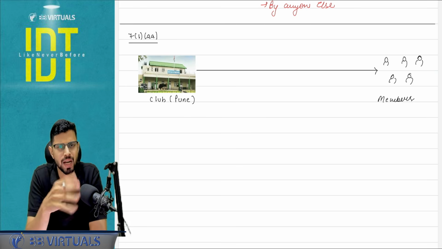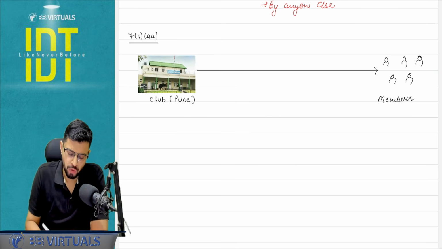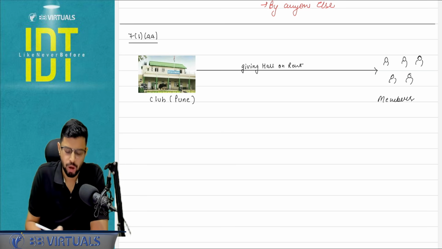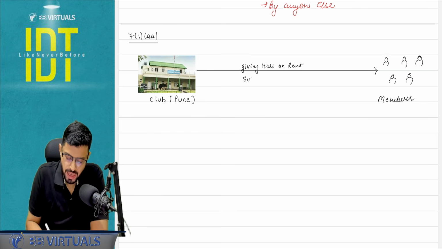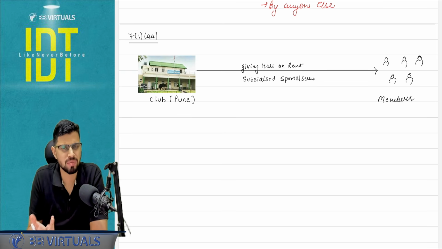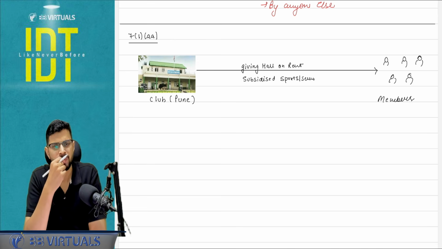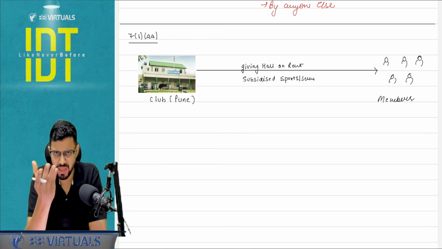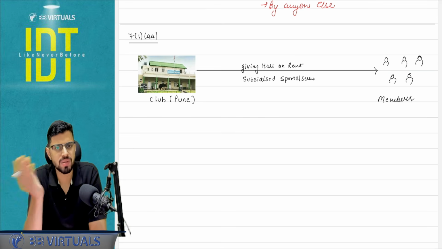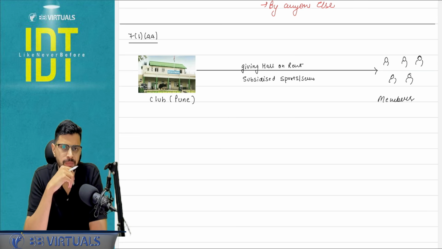But primarily the club gives a lot of services, like giving its space or hall on rent, or giving subsidized access to sports or food service. A lot of times you must have seen clubs in your cities giving subsidized services to the members.